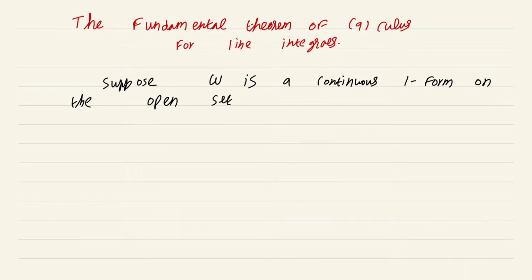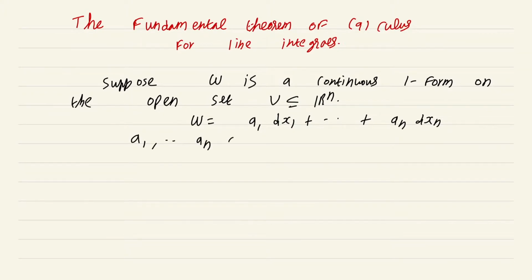U subset of Rn. Then I can write omega as a1 dx1 plus ... plus an dxn, where by definition a1 to an are continuous on U. So this is the definition of a continuous one form.